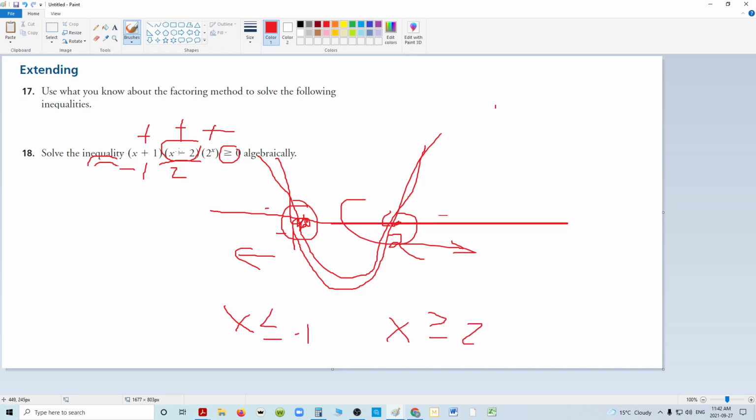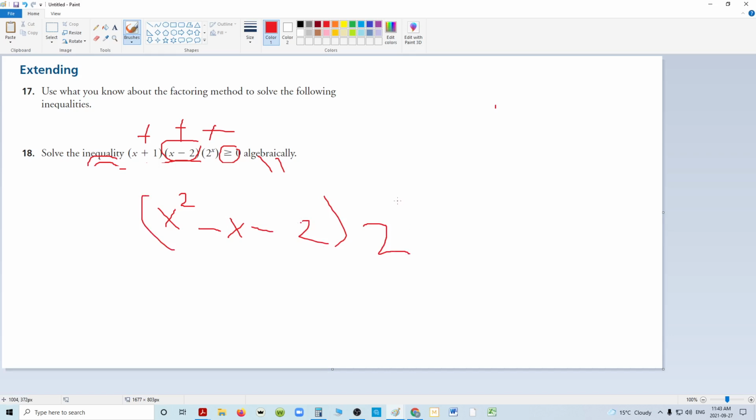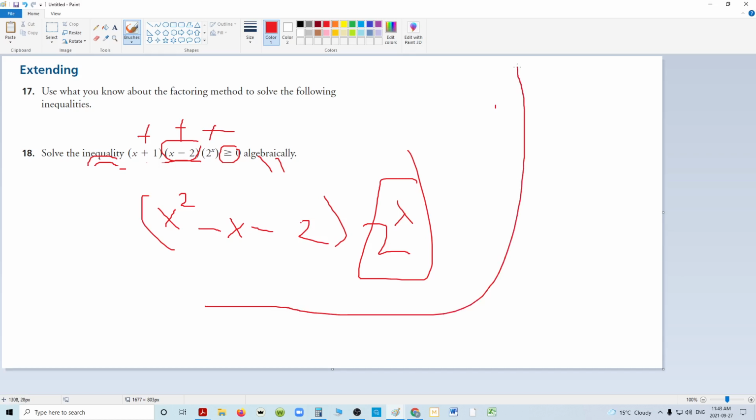Now, solving algebraically is a little bit difficult. You'd have to sort of graph it, because you're left with x squared minus x minus 2 times a positive integer, very small on the left and very big on the right.